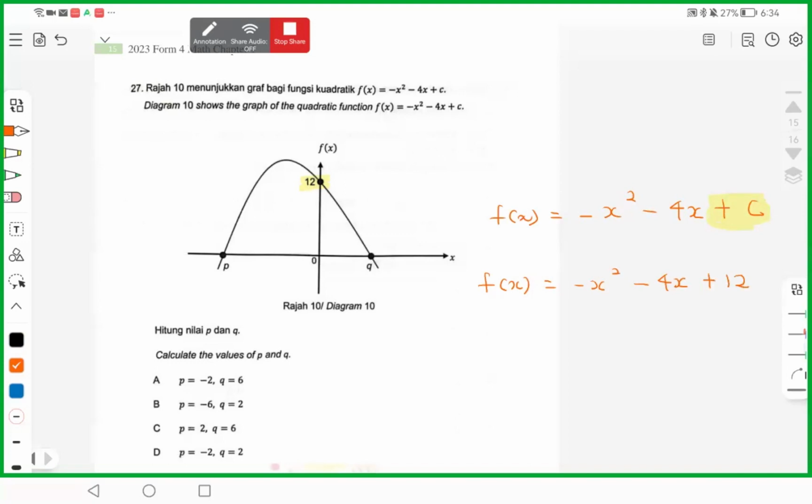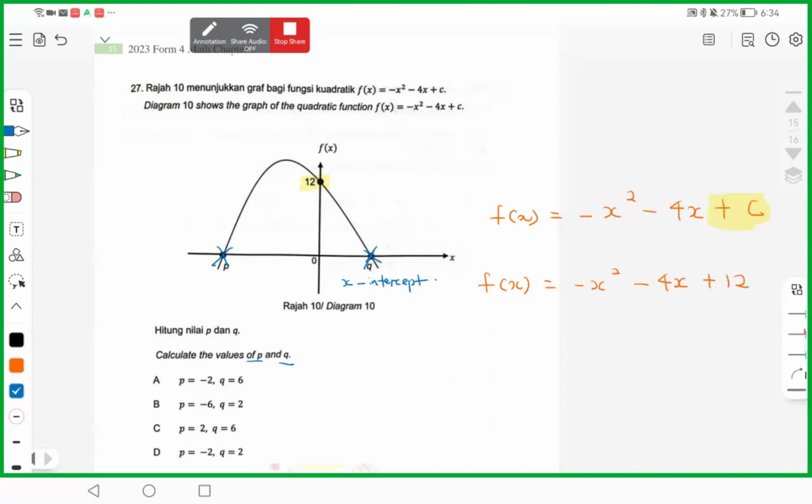The question asks us to find the values of p and q. So if you check, p and q here are x-intercepts, right? On graph form, we call it x-intercept. X-intercept is actually the same as the roots of the quadratic equation.